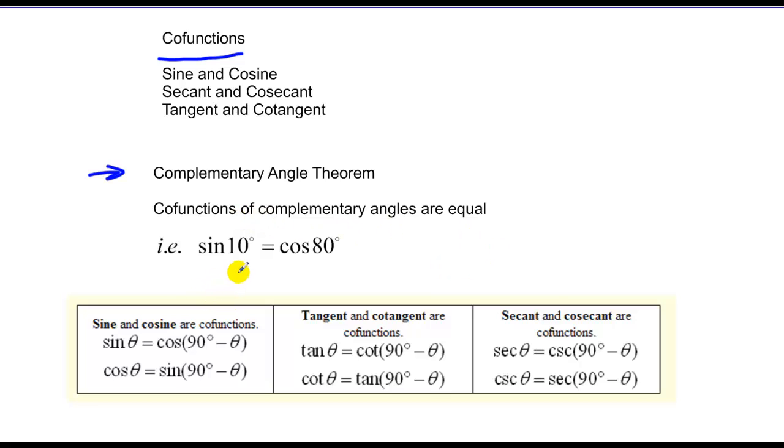So if I take 10 and 80 degrees, which are complementary angles, and take their cofunctions, so sine and cosine are cofunctions, these two values will always be equal. And again, it goes on to give you those theorems written out here, where we have 90 minus angle measures, in each case equaling the cofunctions.